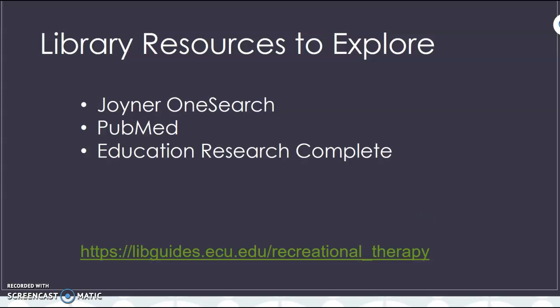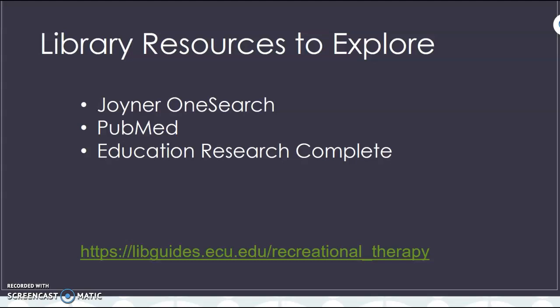These are different library resources that I think would be particularly helpful for your upcoming assignment. So Joyner OneSearch is kind of the library's version of Google. It'll pull different articles, databases, all these different sources for you. It's a good place to start.